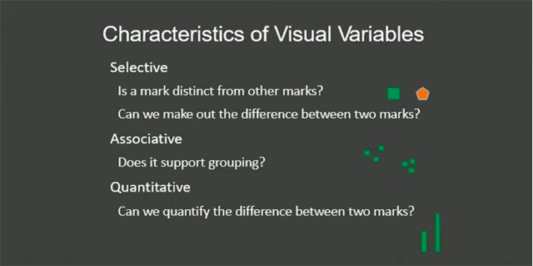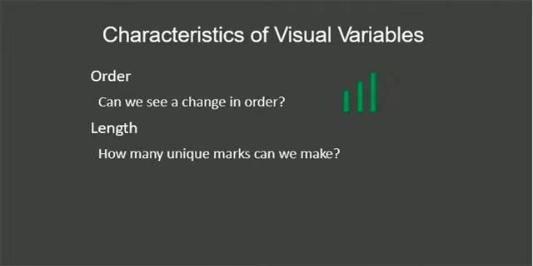If we have a bar graph, we can check whether it is quantitative, and which bar is smaller or greater. So we can use the attributes of the visual variables to conclude our results, and also find the order and length of our variables.